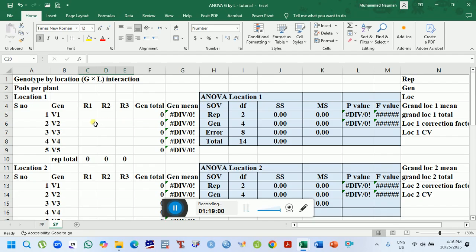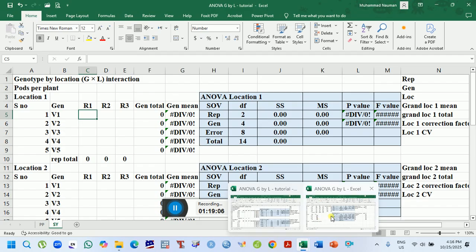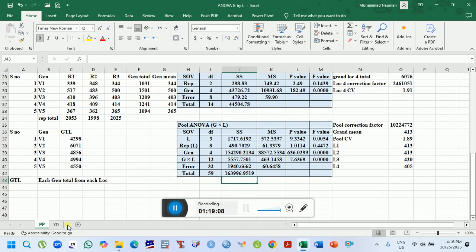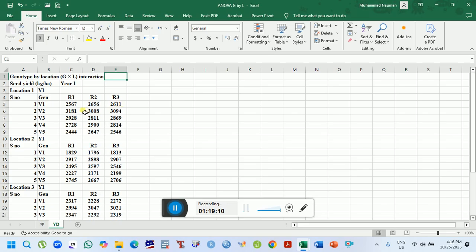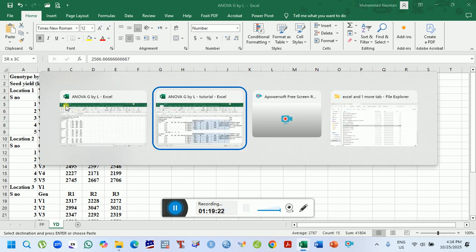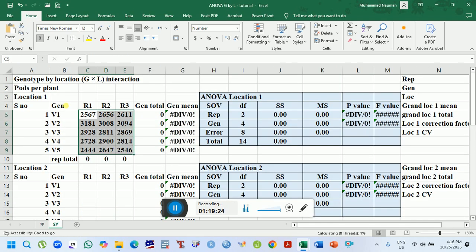Okay, now we will copy and paste the yield data. Here I already wrote the yield data manually, so just copy and paste it into the relevant sheet. Control V.